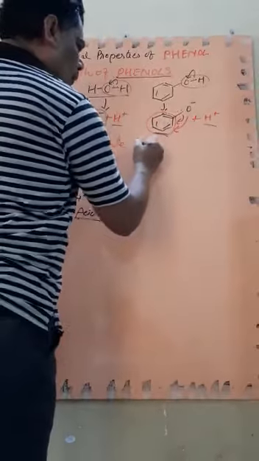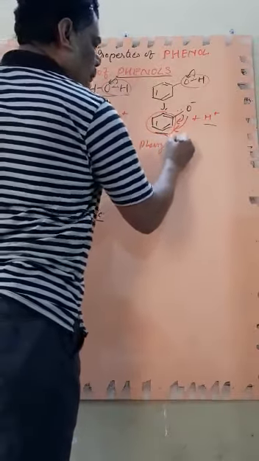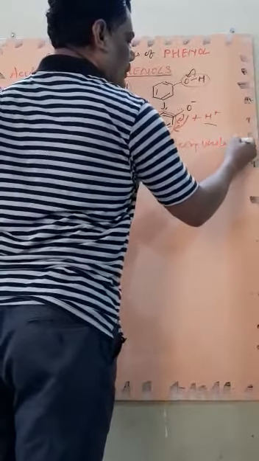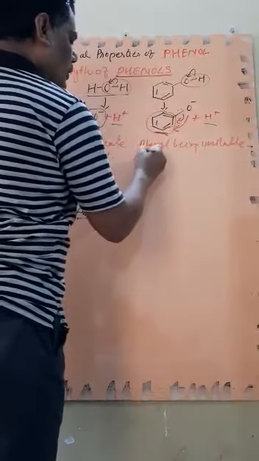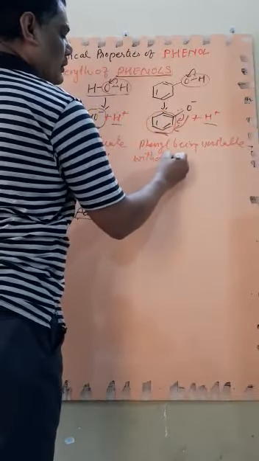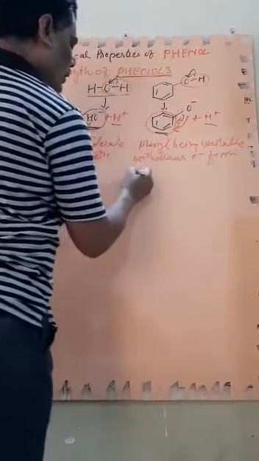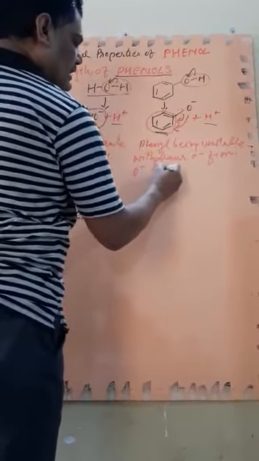That is, the phenyl group withdraws electron from the oxygen anion.